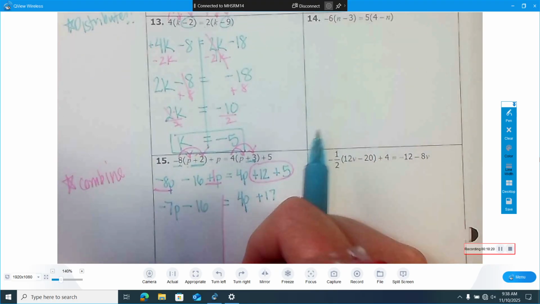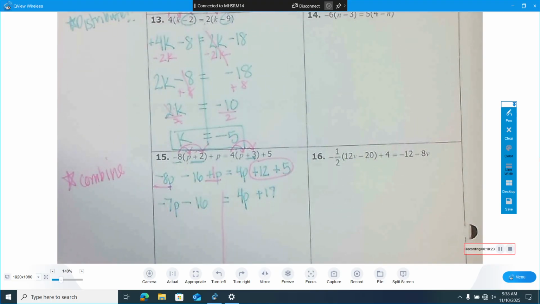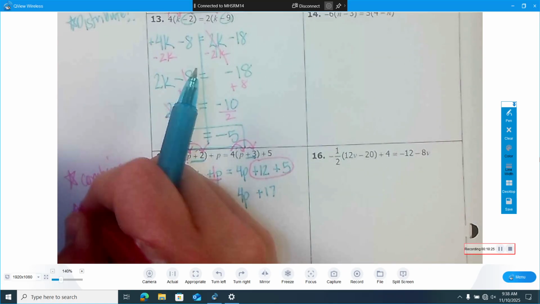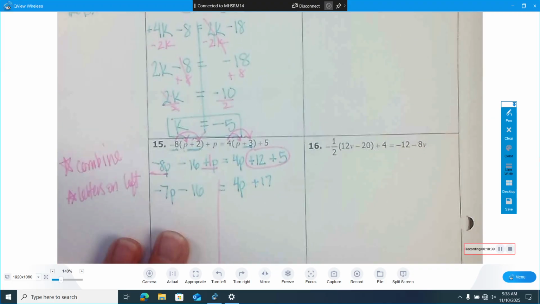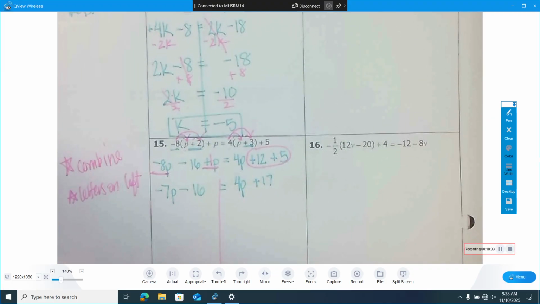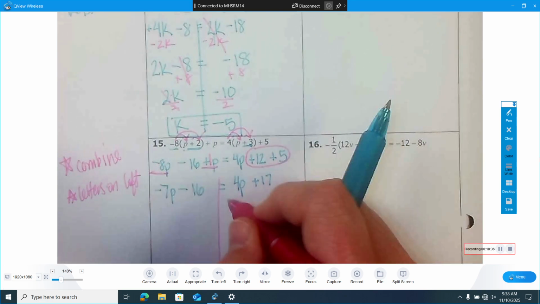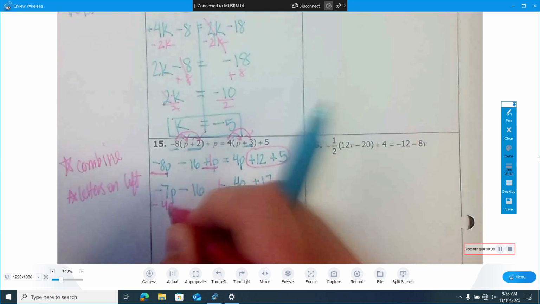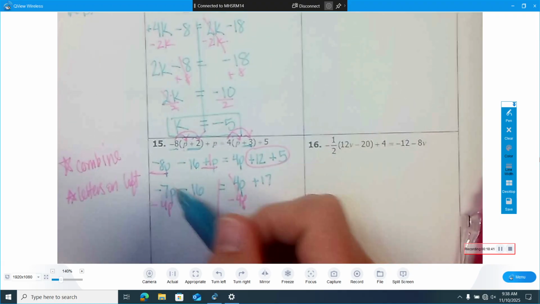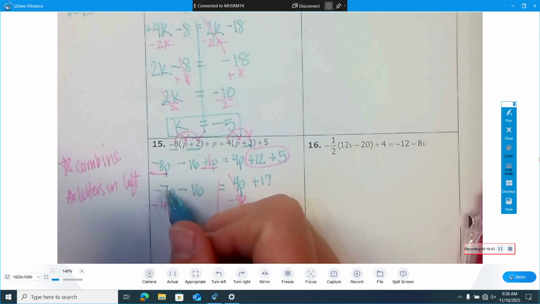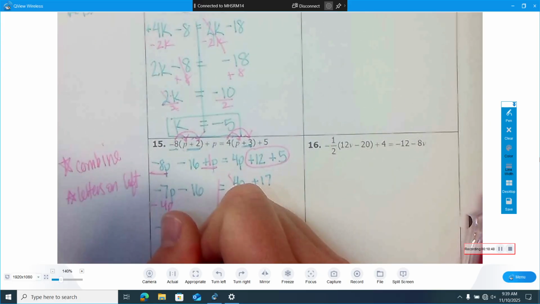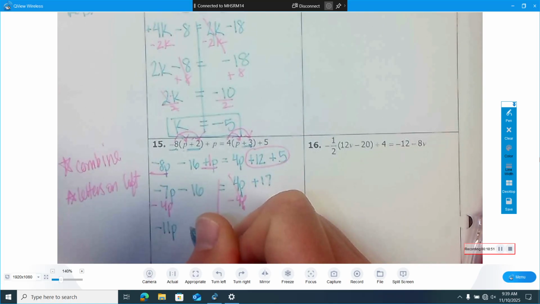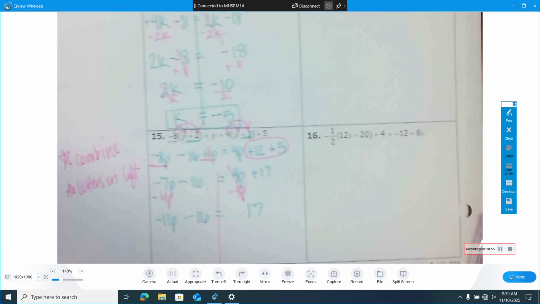Now it's nicely clean. Now we can draw our wall and make our letters on the left. All right, I want my letters to the left, so what are we going to do? Yeah, minus 4P, minus 4P. That way, all my letters are on the left-hand side. And so negative 7P's and negative 4P's is negative 11P's. Lots of negatives. Minus 16 is equal to 17.